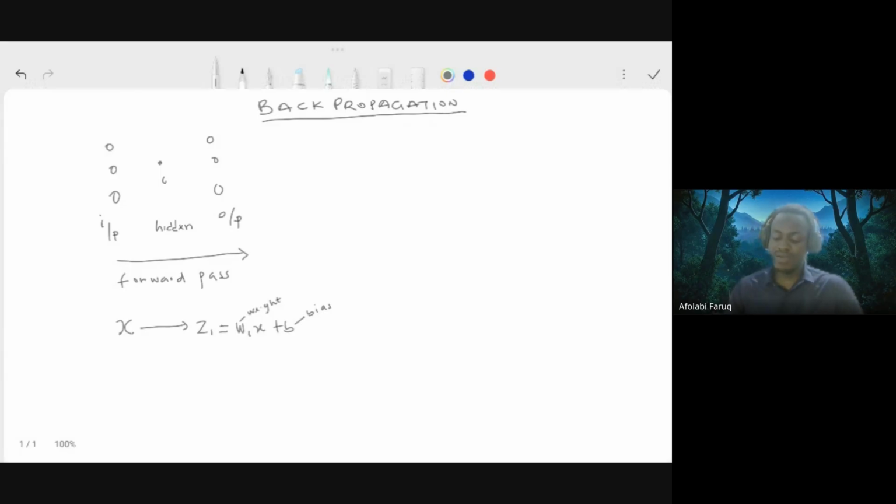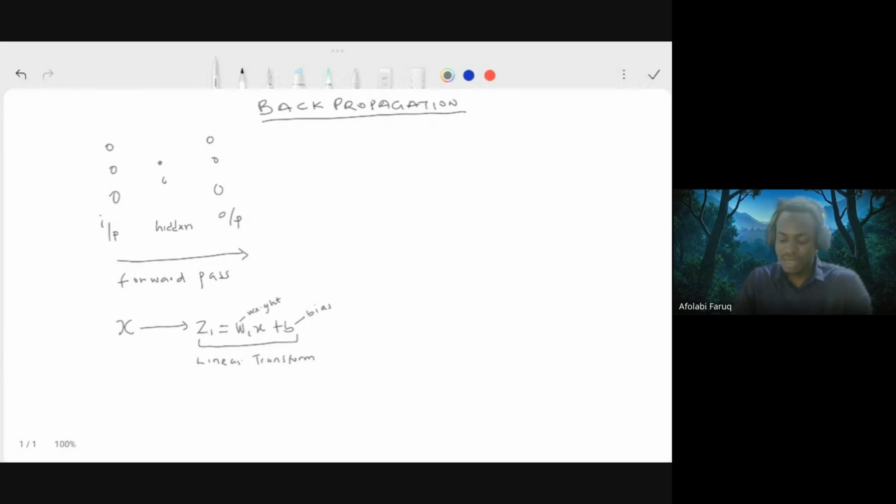And when we have this transformation at Z1, we call this linear transformation, because Z1 is being computed, Z1 equals W1 X plus B.